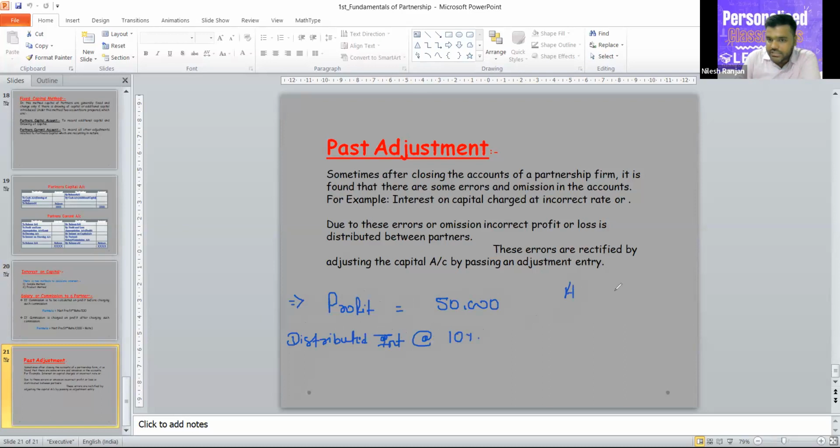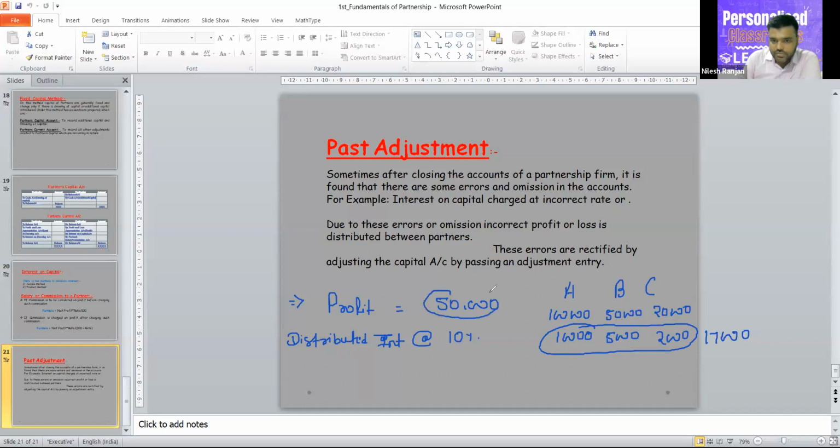Let's say their capital is given, A, B, and C. Their capital is 1,00,000, 50,000, and 20,000. So the interest paid to A is 10,000, to B it is 5,000, and to C it is 2,000. So total interest paid is 17,000.